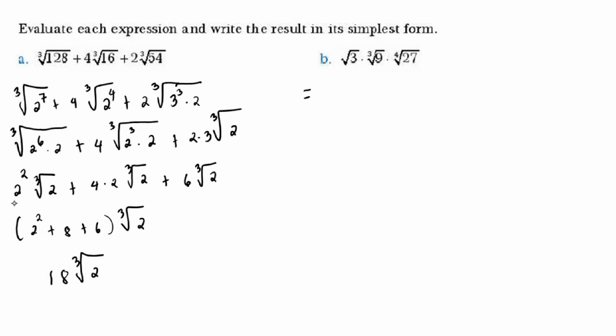So the first factor is 3 raised to 1 half times the cube root of 9, which can be written as the cube root of 3 squared, times the fourth root of 27, which can be written as the fourth root of 3 to the third power.